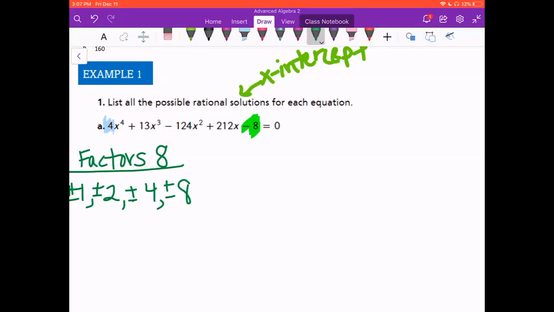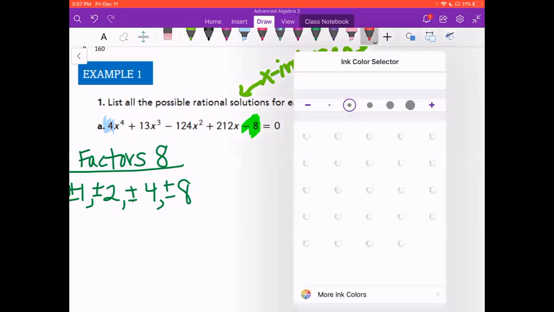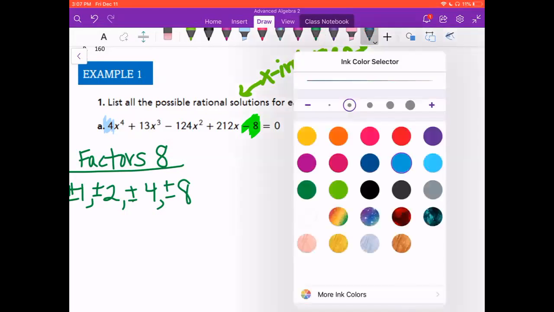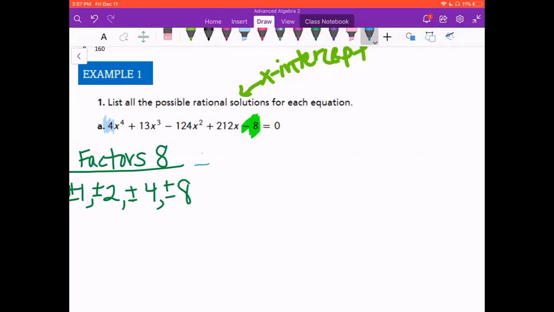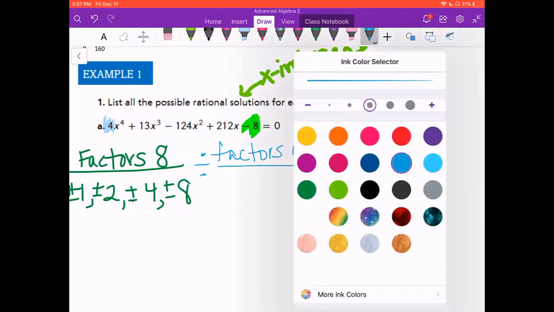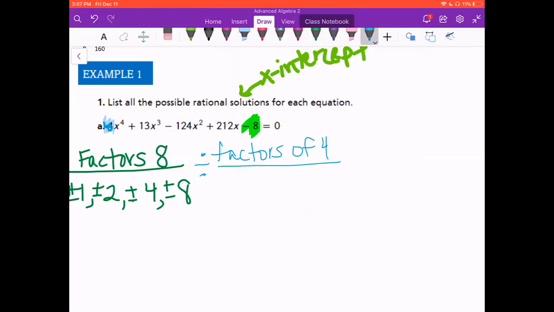So we're going to take those factors, and then we're going to divide them by the factors of 4. A little bit larger because that's this coefficient. So factors of 4 are positive and negative 1, positive and negative 2, and positive and negative 4.